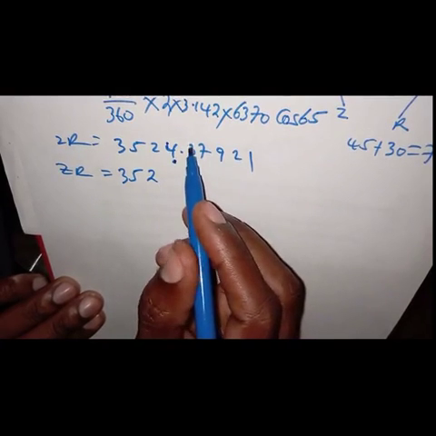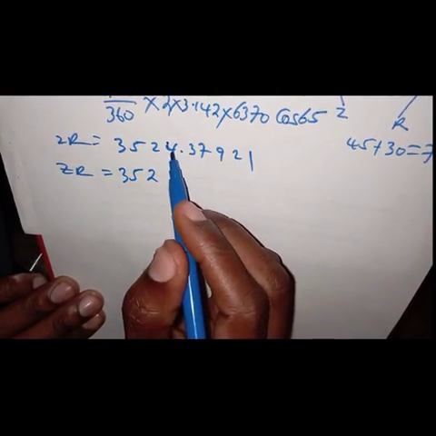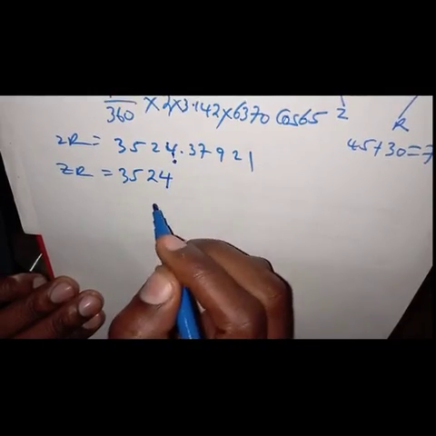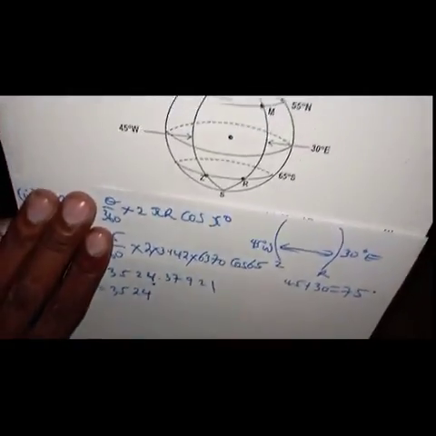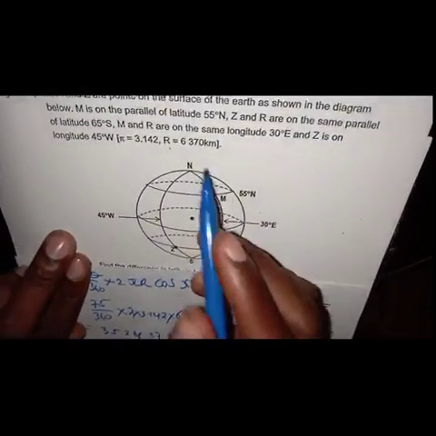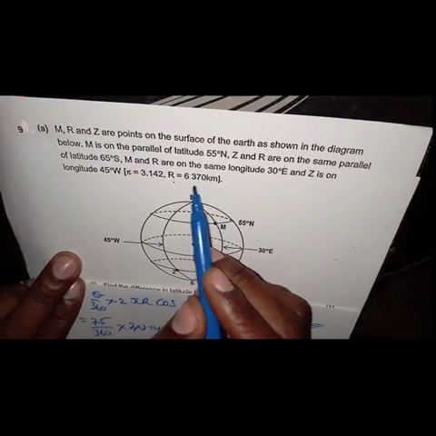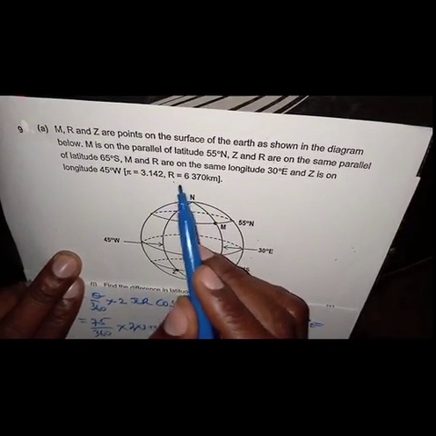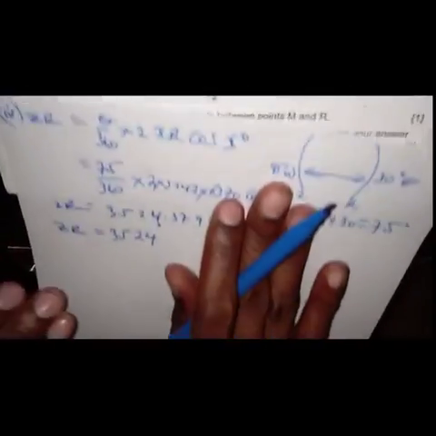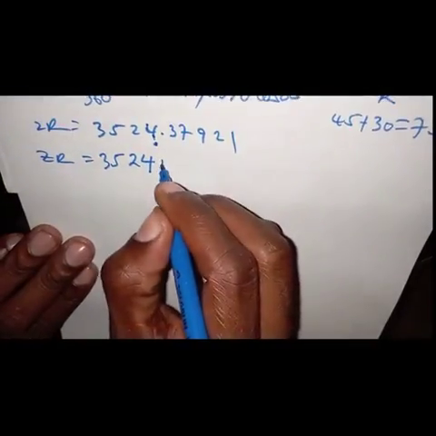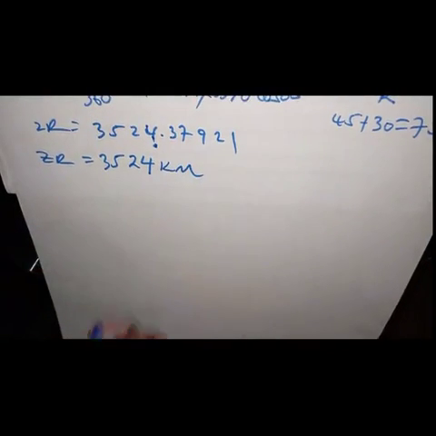If it was 5, 6 or 7, you would have added 1 to make this 5. So just write 3524. What are the units? The units, like we said earlier, are represented by the radius here, which is in kilometers in this question. So just write kilometers. So ZR is 3,524 kilometers.